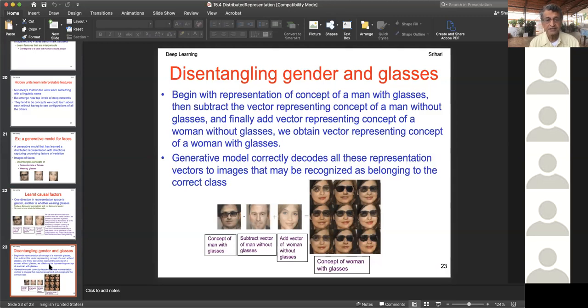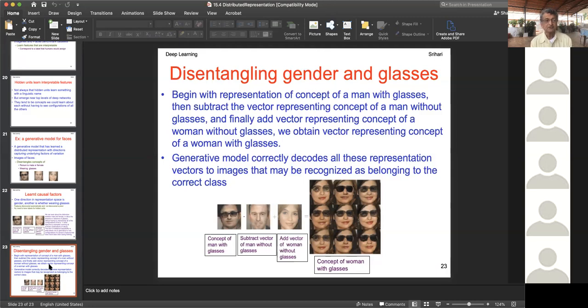Using that, we can synthesize objects. Begin with the representation of the concept of a man with glasses. Then subtract the vector representing the concept of a man without glasses. And finally, add a vector representing the concept of a woman without glasses. We obtain a vector representing the concept of a woman with glasses.